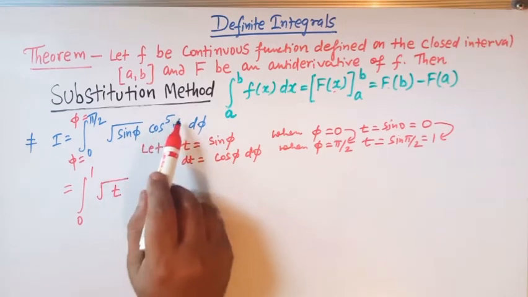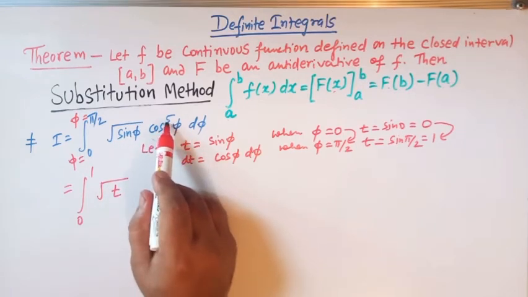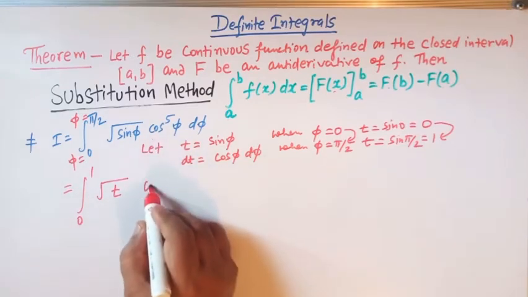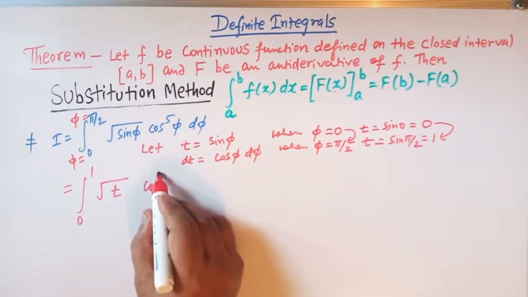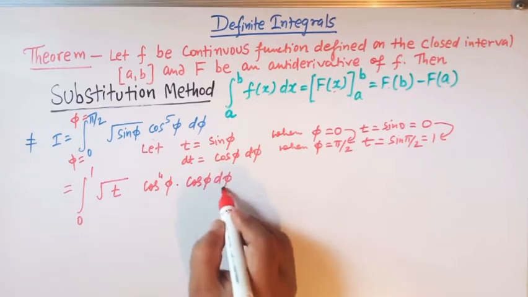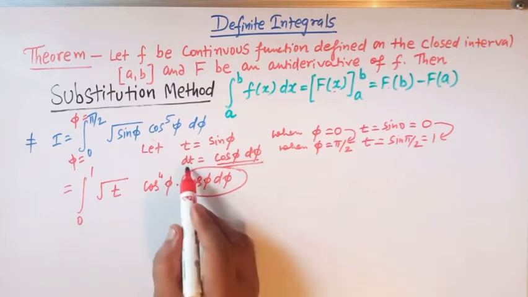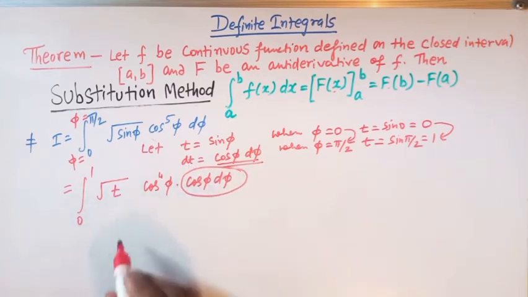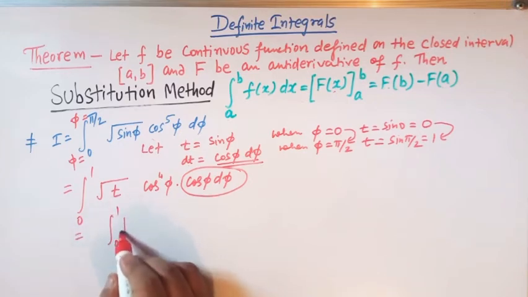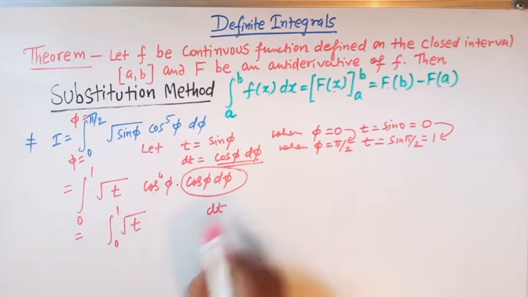Now let us rearrange this term. Cos phi is raised to power 5. If we write this as cos 4 phi times cos phi d phi, then for cos phi d phi we will have dt. So we can write the integral from 0 to 1 of square root of t, and here we'll have dt.